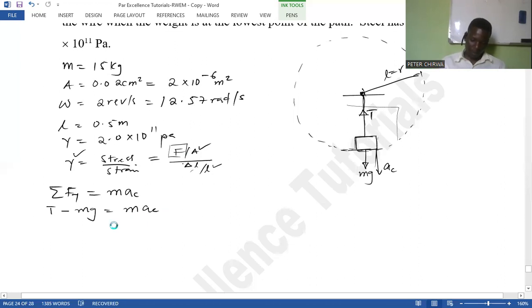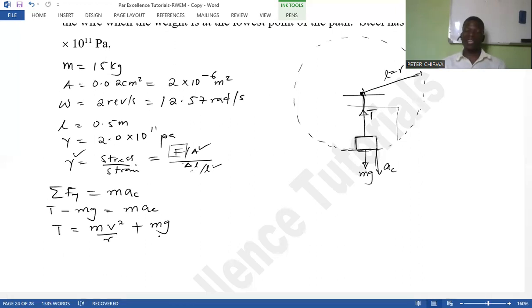So tension is equal to m times the centripetal acceleration, v squared over r, plus mg, and we get the tension from there. Now, the velocity we have been given here is the angular velocity, or angular speed. So if we want, we can convert. Velocity is given by r omega.